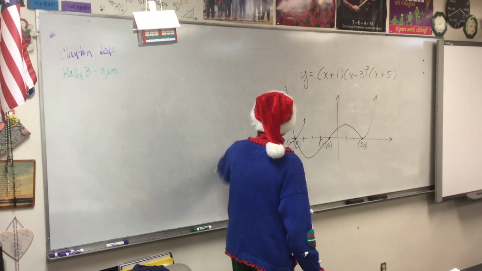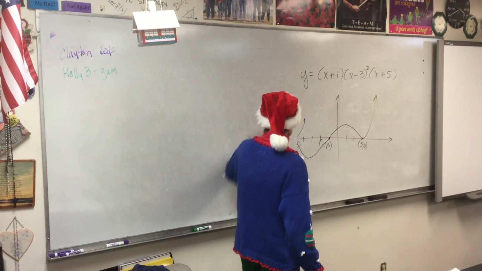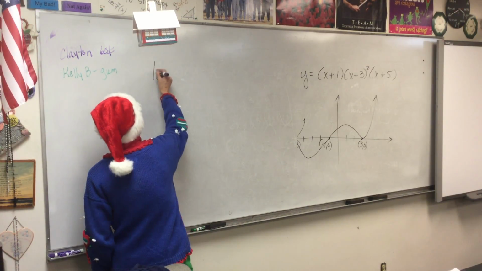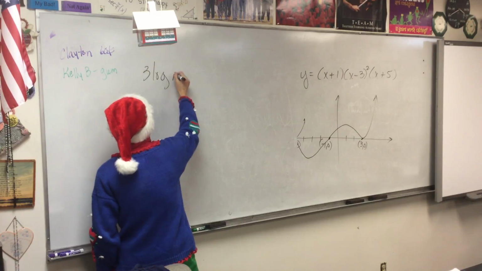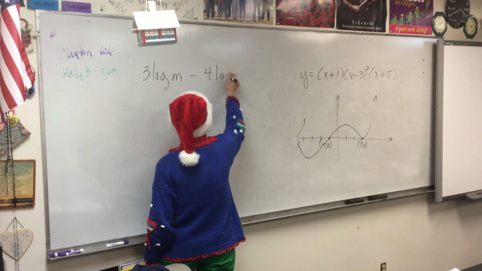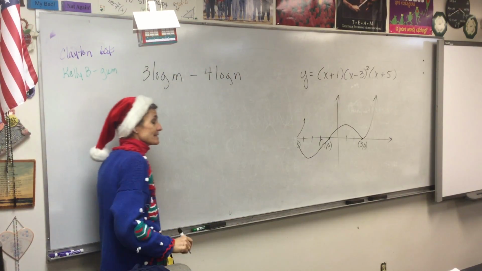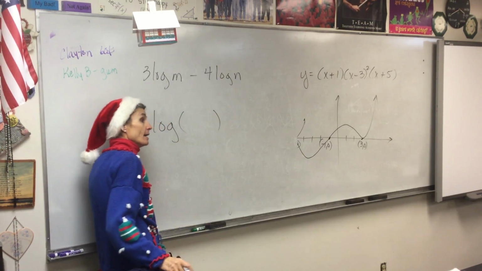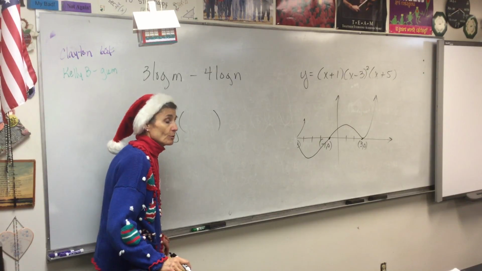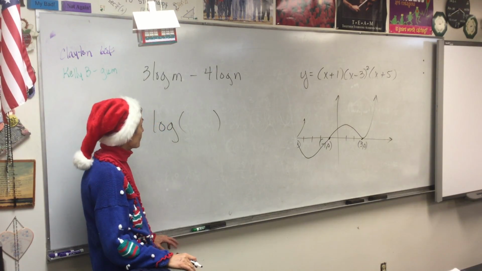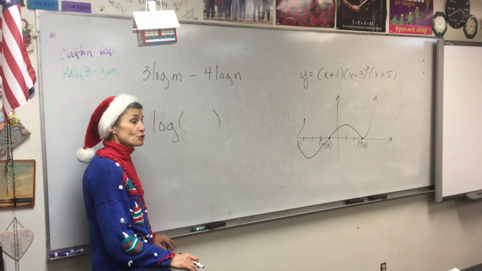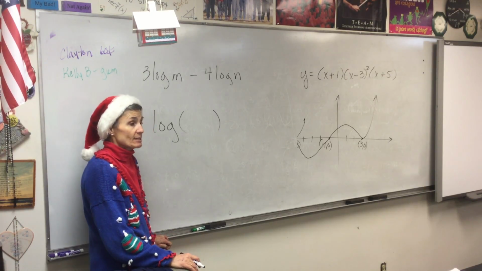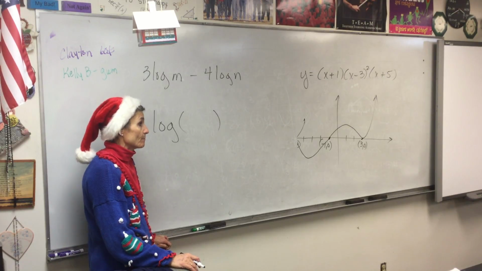All right, so this is a logarithm question. I did one of these on the mini review actually, where we have something like 3 log m minus 4 log n, and we want to write that as a single logarithm. We did this, it was an ln, but it doesn't make any difference. The rules are the rules, no matter what base of logarithm we have. So we're going to put these two together, but before we can put them together, we have to deal with something. What do we have to deal with?